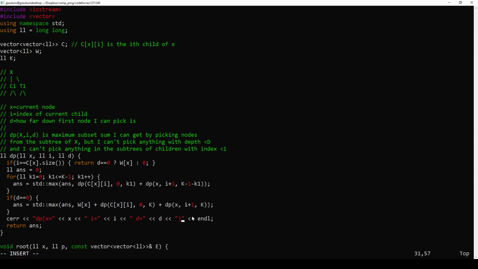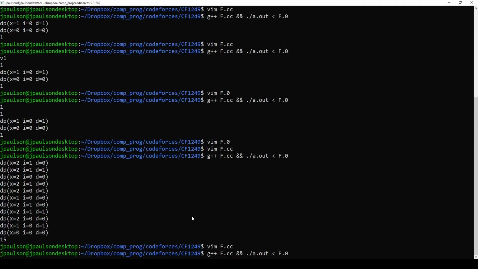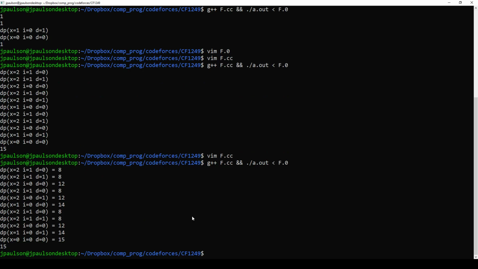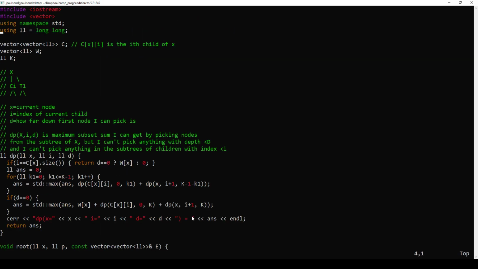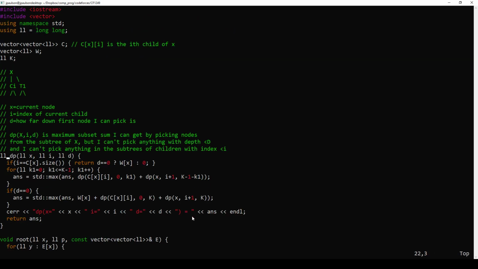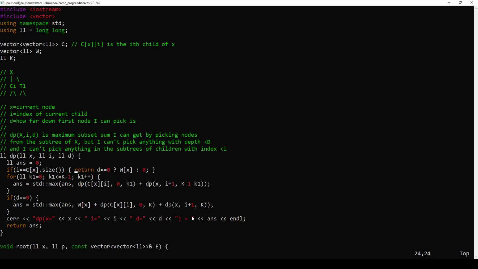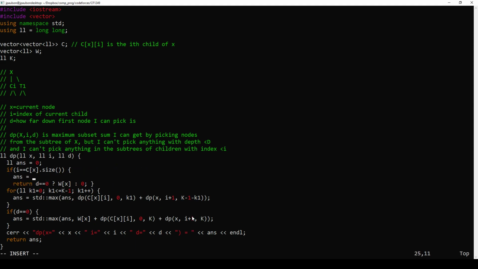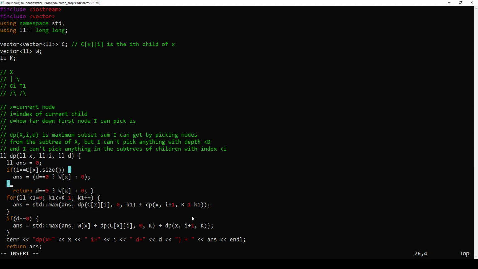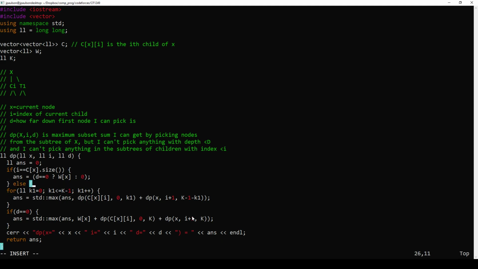So let's actually print out what we got from each of these calls. And it's maybe nice if we just have a single point of return. Let me just restructure the code that way.